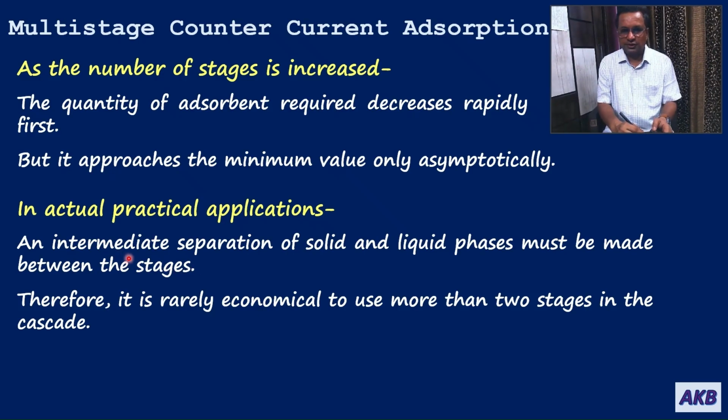Why does the cost increase? Because the cost of intermediate separation of solid and liquid phases between the stages will increase beyond two stages, and therefore it is rarely economical to use more than two stages in the cascade.